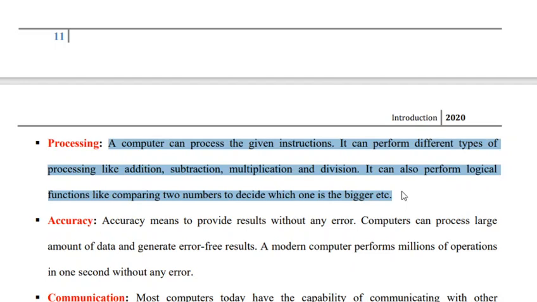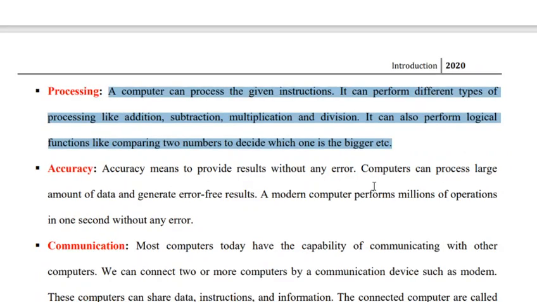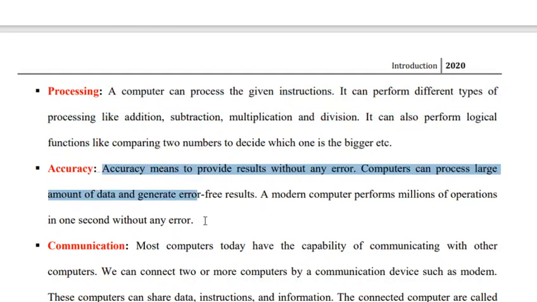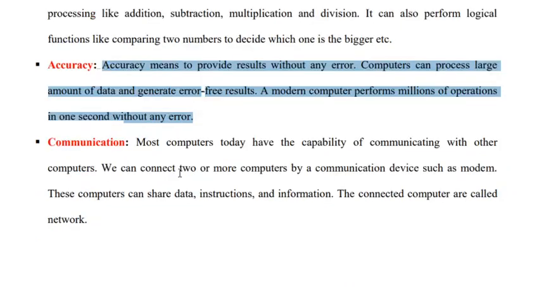Likewise, accuracy. Accuracy basically means to provide the result without any error. So this is one of the important characteristics of a computer system. A computer can process a large amount of data and generate error-free results. A modern computer performs millions of operations in 1 second without any error. So this is what accuracy is all about. Now likewise, communication.